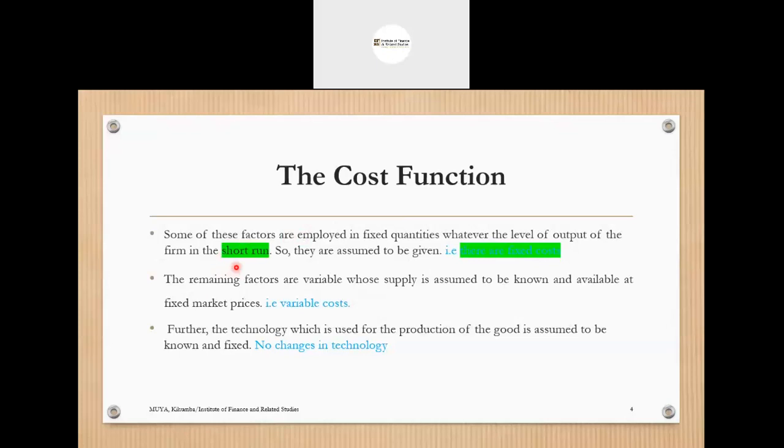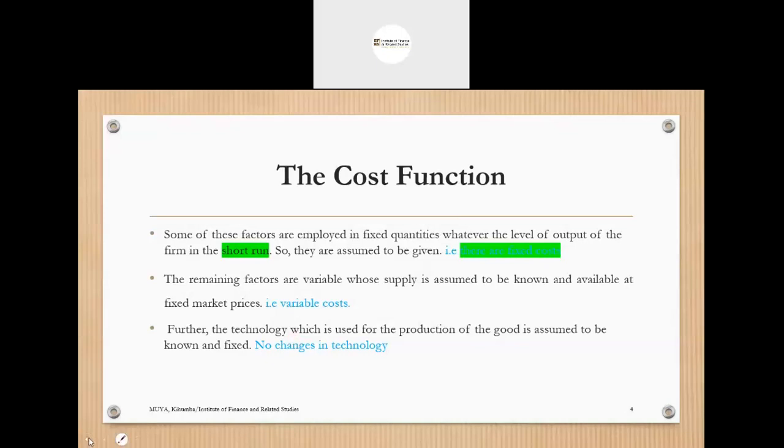The short-run situation of a farm is that some factors of production are fixed, and hence we have fixed costs. Those costs which are not fixed are known as variable costs, and they vary with the level of output. The other assumption is that there are no changes in technology.